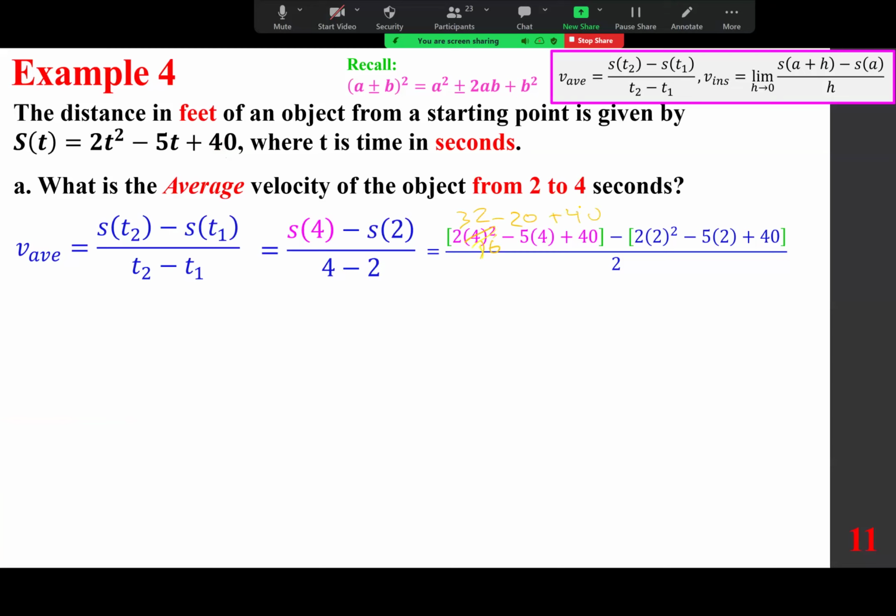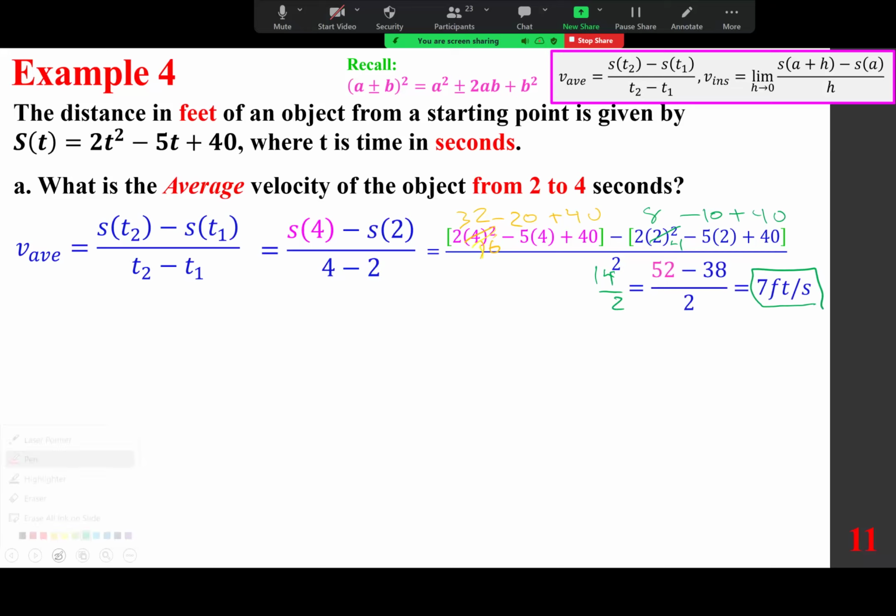So this becomes 52. This is 4, so it's 8 minus 10 plus 40. This is 38. So 52 minus 38 is 14 over 2, or 7 feet per second.